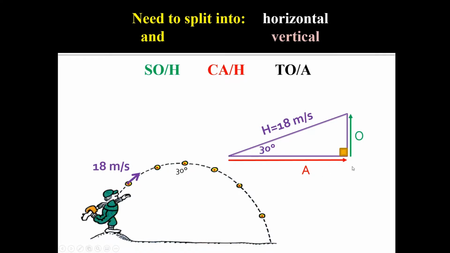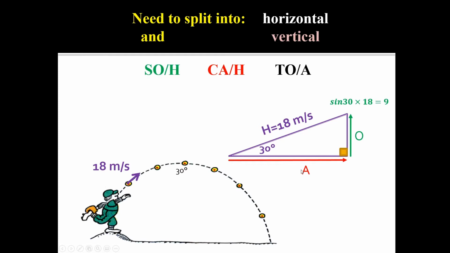So our adjacent is horizontal, vertical is opposite, in which case we use the sine function for our vertical component, which becomes sine of our angle, 30, times our hypotenuse, 18, which gives us 9 meters per second upwards. 9 meters per second is our initial velocity in the vertical.